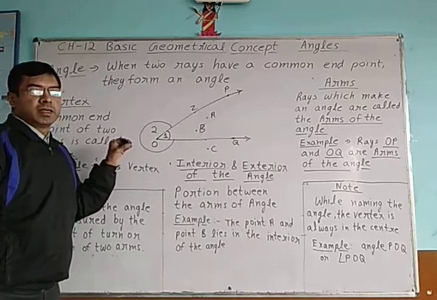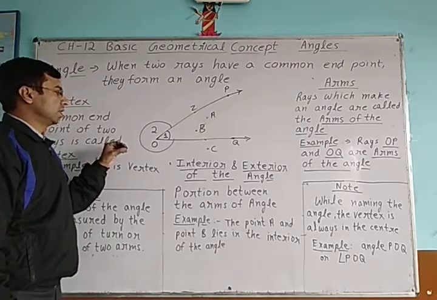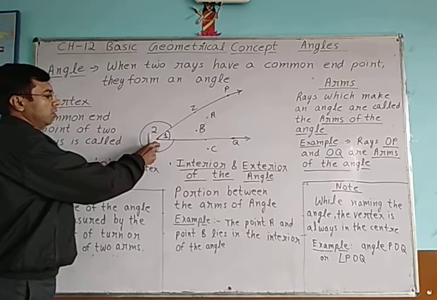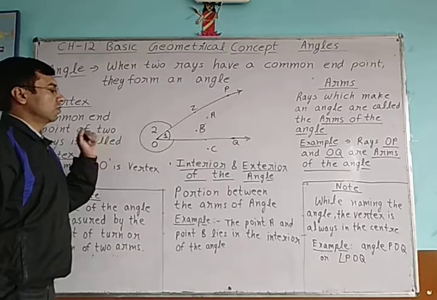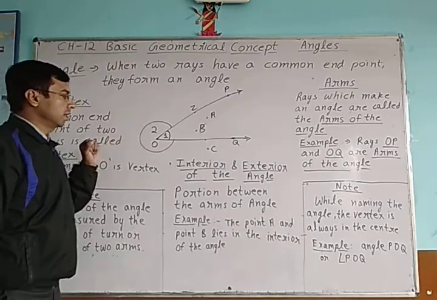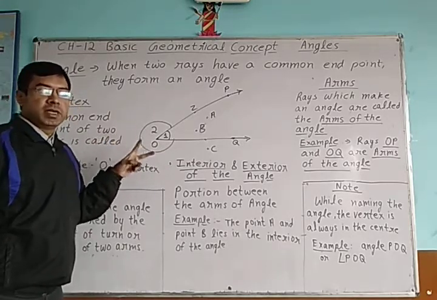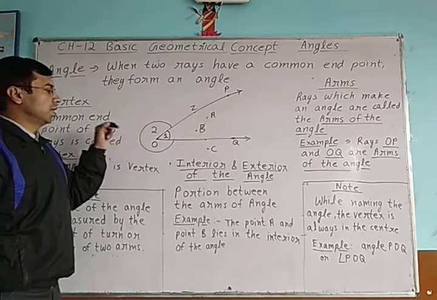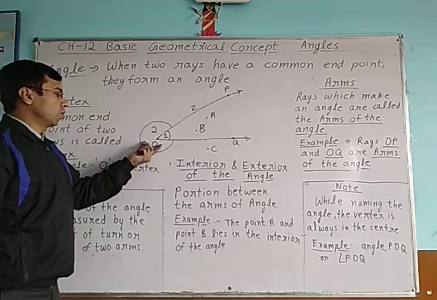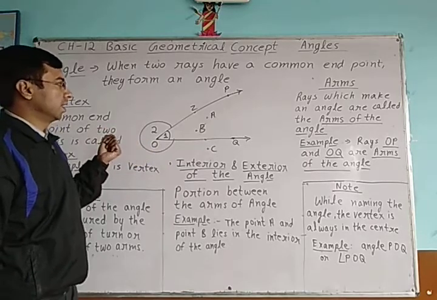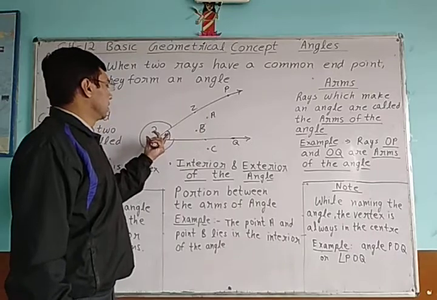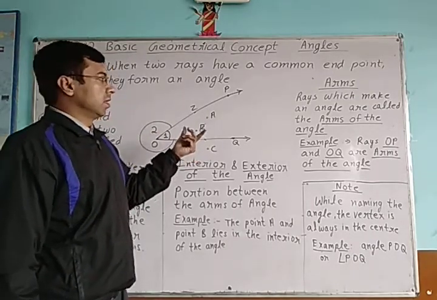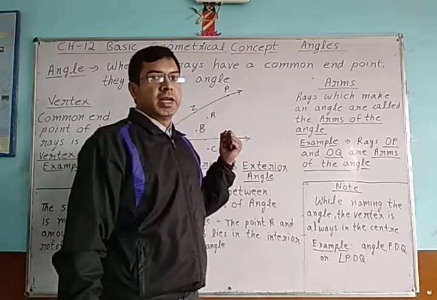Where two rays meet, that common end point is called vertex. So this common end point I have named O. So O is what? O is the vertex of the angle. And ray OP and ray OQ, which form an angle, are called arms of the angle.